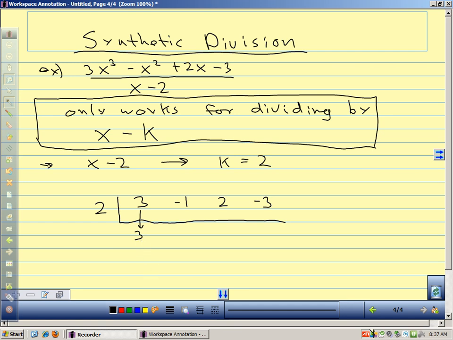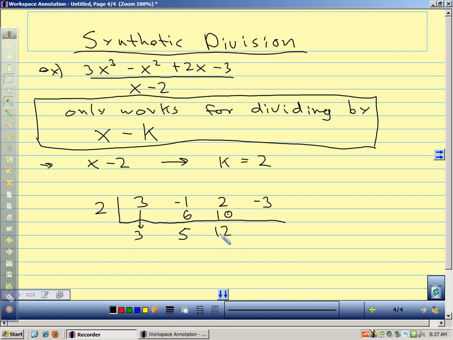Now here's where synthetic division is nice. 2 times 3 is 6. I put the 6 here. Now I add: negative 1 plus 6 is 5. Now I multiply the 2 times 5, and I get 10, and I put the 10 here. Then I add: 2 and 10 is 12.